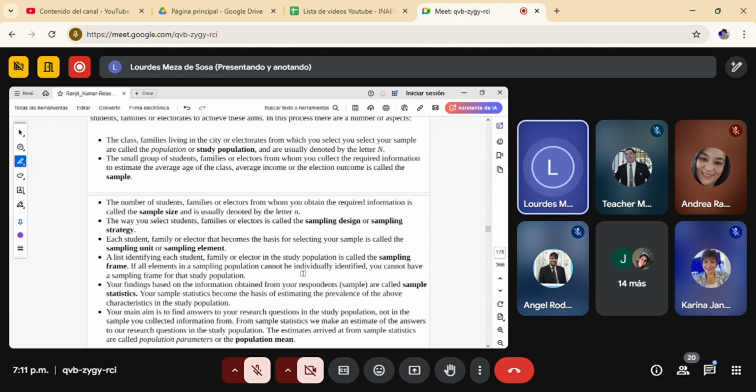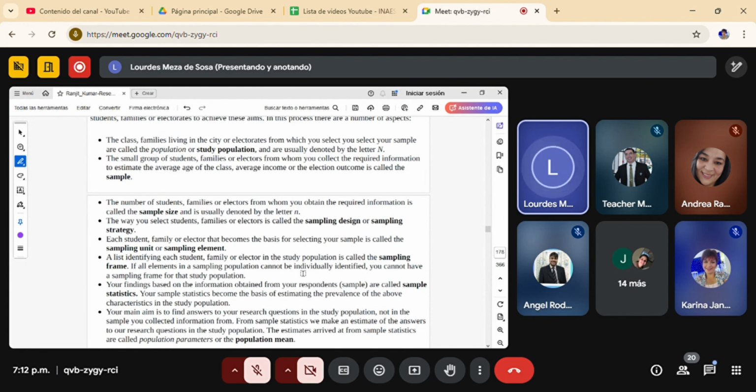If all the elements in a study population cannot be individually identified, you cannot have a sampling frame for that study population. But if we do identify them, like the 1,000 employees in a company, that is called a sampling frame.